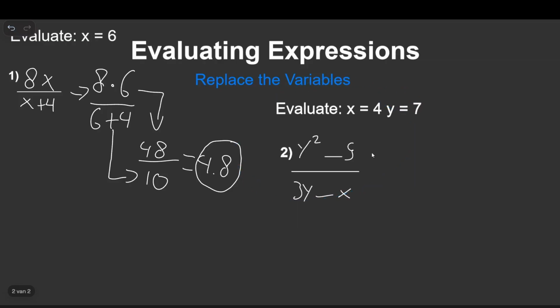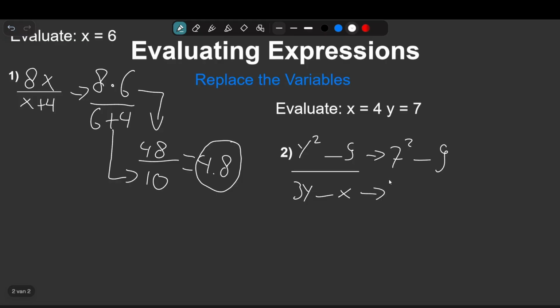Now for our second example, we have y squared minus 9 over 3y minus x. And as you can see, we're going to evaluate x equals 4 and y equals 7. So the first thing we're going to do is plug all of the values of the variables in. So y squared will equal 7 squared, and then just minus 9.